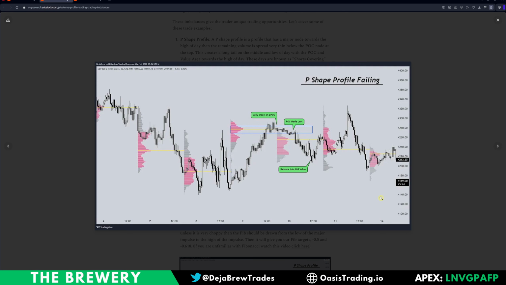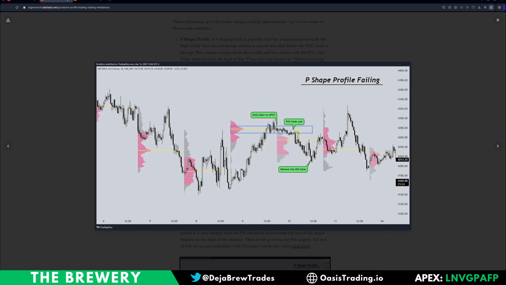Now, what a P-shaped profile being trapped and failing looks like is basically when we begin to fail that POC node or begin to fail that value area low of that POC day, then think about all those buyers. Think about all that volume that was on that high of day that is now in danger of being squeezed out of their positions.